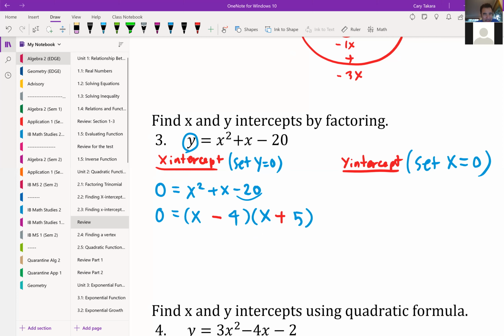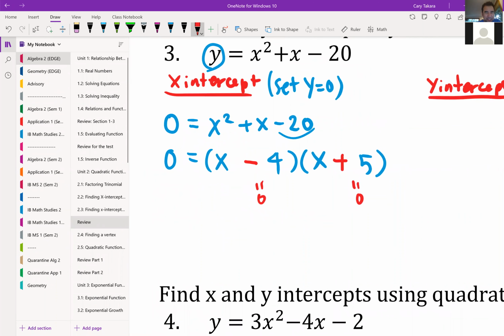So now we are not quite done yet. We just factored it, right? Now what do we do next? Now we're going to solve it, right? You're going to set each parentheses equal to 0. Remember that? In this case, the answer is going to be 4 and negative 5, so you don't really need to do this process, but what exactly is happening is you set each parentheses, first one is x minus 4, equal to 0.